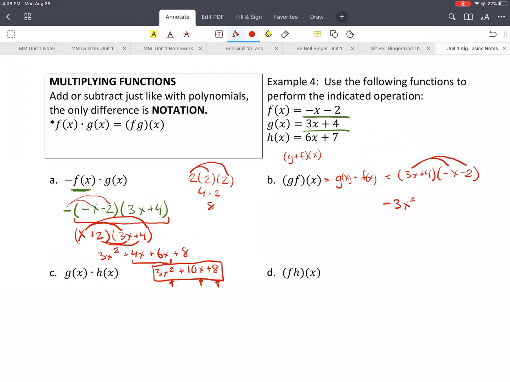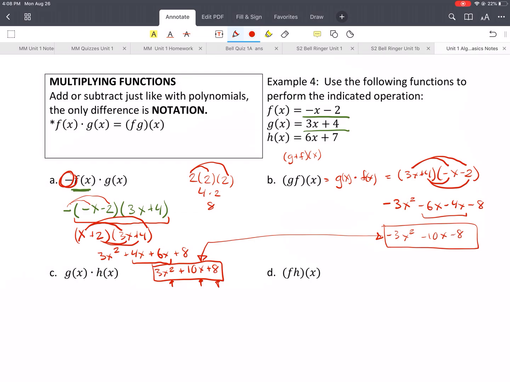We do the outside for FOIL, that gives us a negative negative 6x. And we do inside, a negative 4x, and then our last is our negative 8. Combine like terms, that gives us a negative 3x squared, minus 10x, minus 8. So it kind of makes sense that it looks almost the same. Okay, the only difference is the sign, because we put this negative in the front.